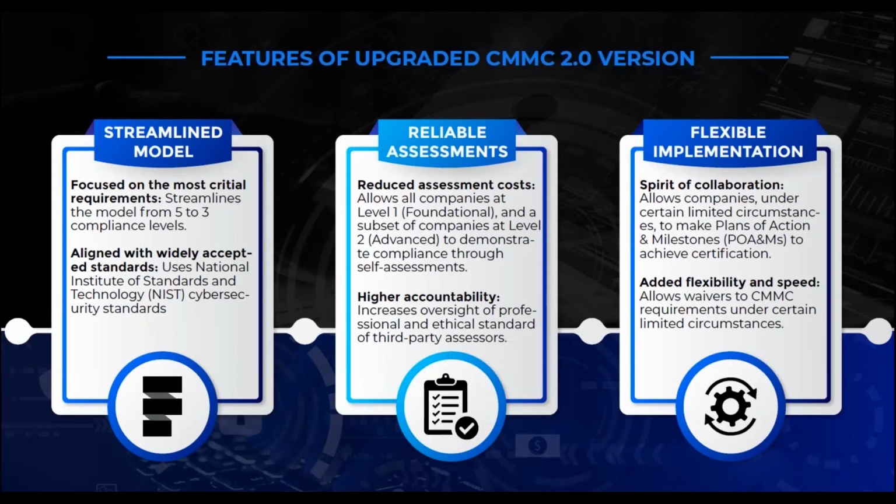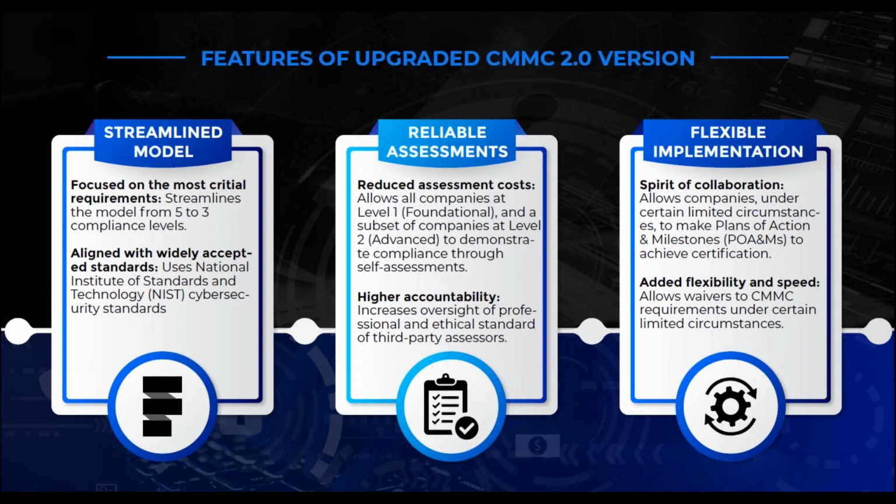So these are features of the upgraded CMMC 2.0 version. It focuses on critical requirements and streamlines the model. It was earlier too confusing. It is now aligned with NIST, which is very interesting because now it's a globally accepted standard. There is also reduced assessment cost because there are only 3 levels: foundational, advanced, and expert.